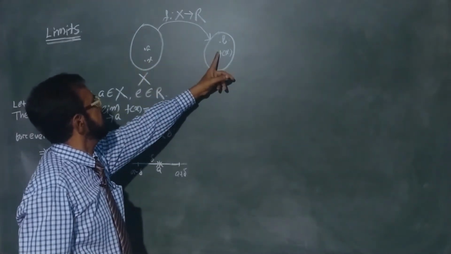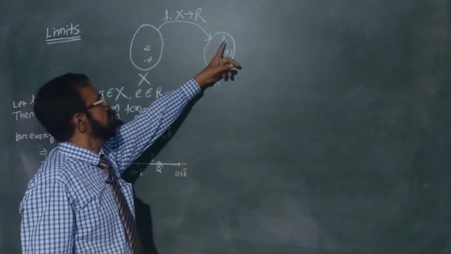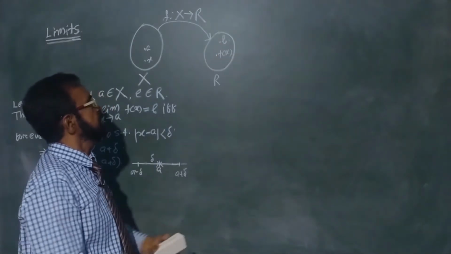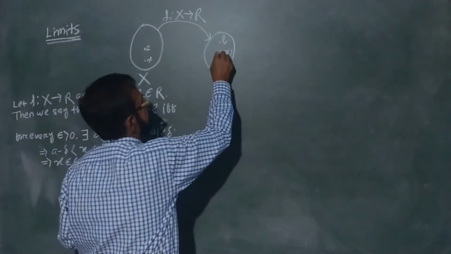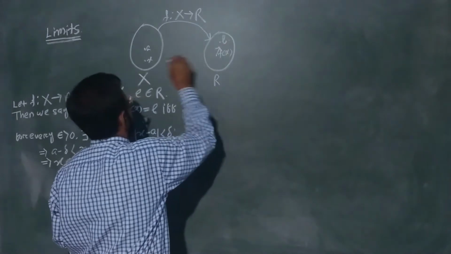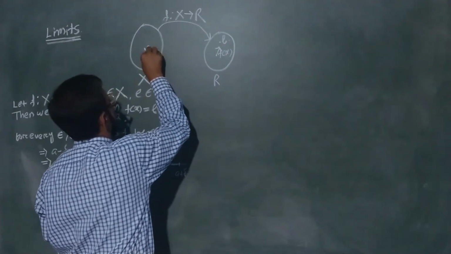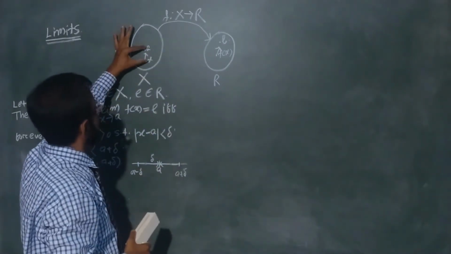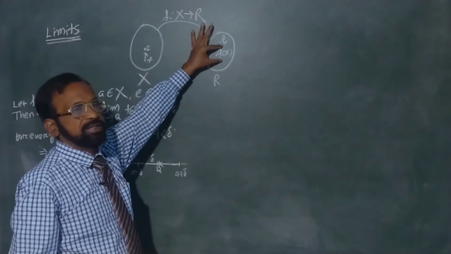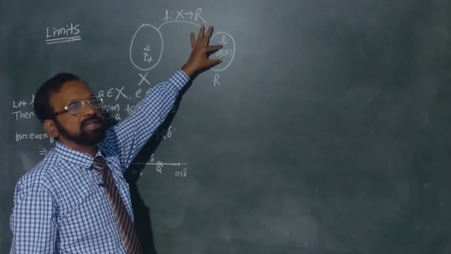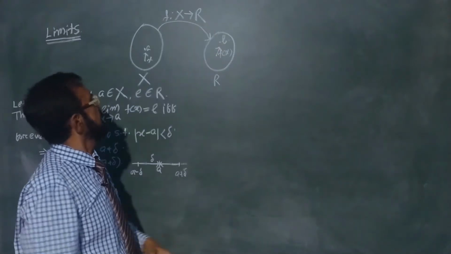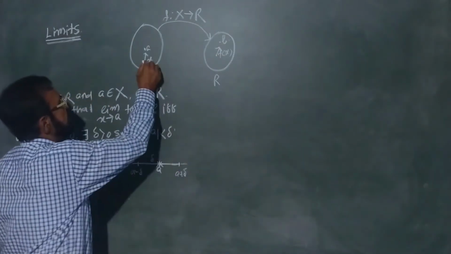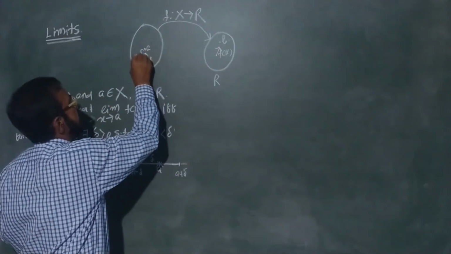Image is f(x). Let L be any real number. Then we say that f(x) tends to L when x tends to a. When there is a change in the pre-image, there is a change in the image, though their approachness may not be the same. That's why the distance between x and a we take as delta.